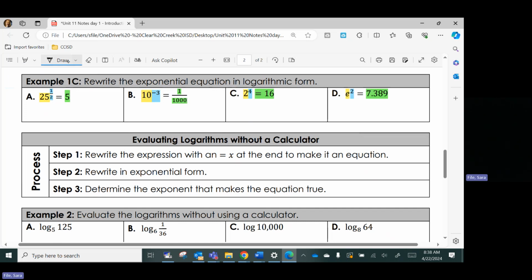So when I go to write this in log form, A is going to be log base 25 of 5. I like to use parentheses when I'm writing my logs just to keep it clear on what's inside the log function and what's not. Okay, so log base 25 of 5 equals 1/2.